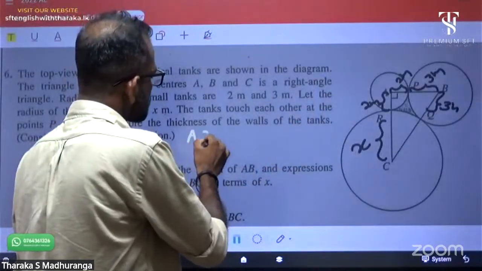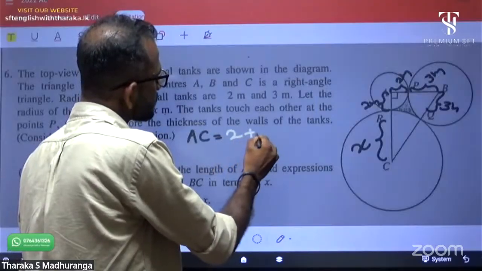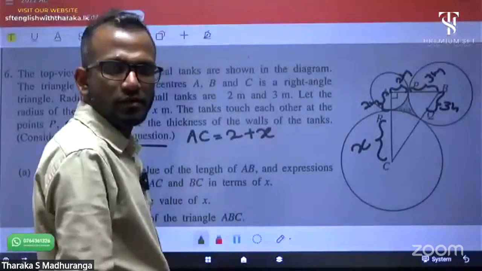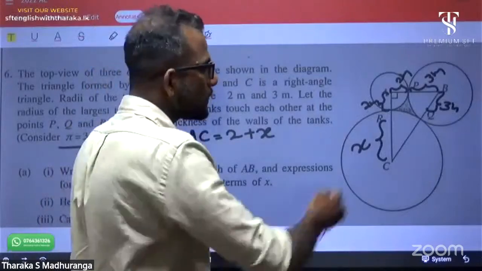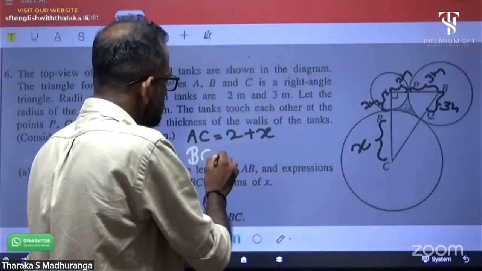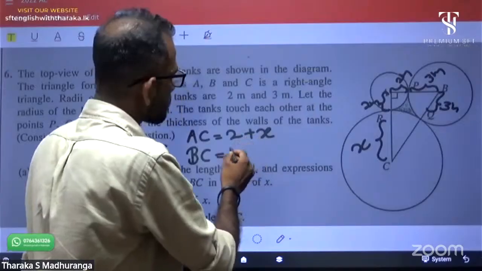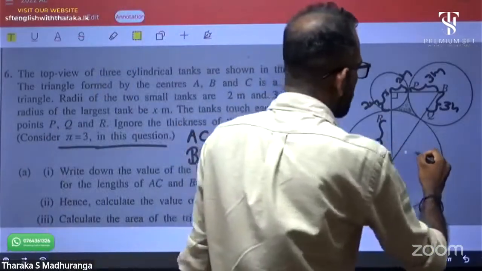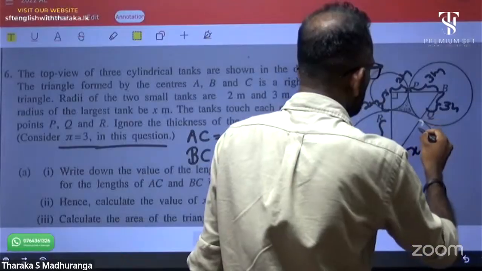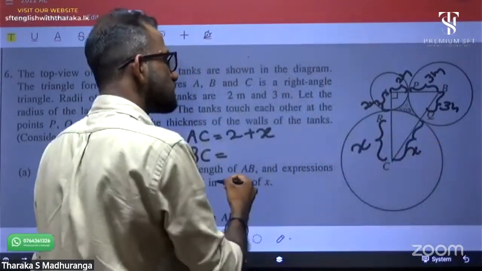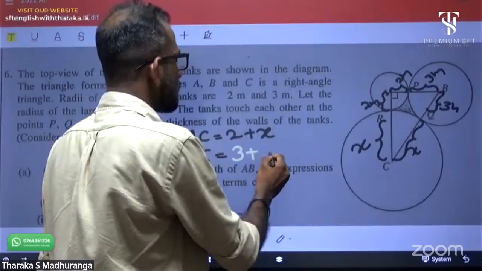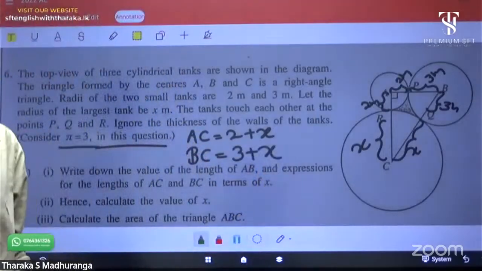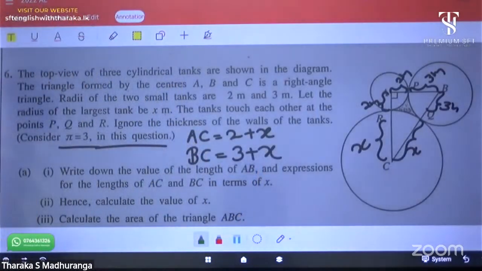AC equals 2 plus x. Simple, right? Then BC equals what? This one also x. 3 plus x. Clear?